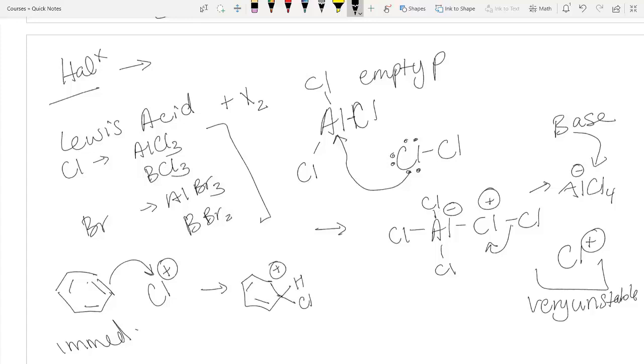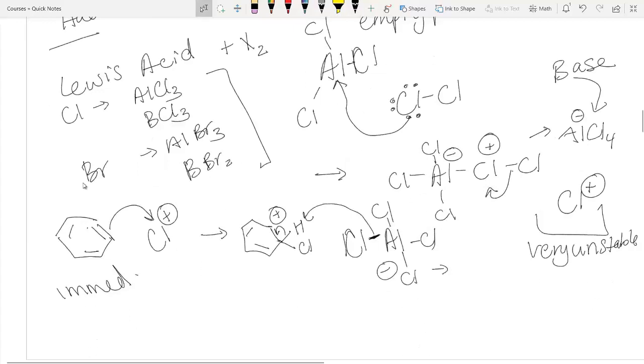You get your very unstable intermediate, and your base will come in, and this line goes from the bond, that's where the electrons are in this molecule, from the chlorine to the hydrogen, and then that will break this bond and you'll get this. You'll end up with chlorobenzene plus HCl, because that chlorine comes off and takes the hydrogen with it.